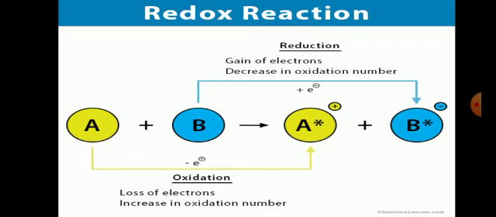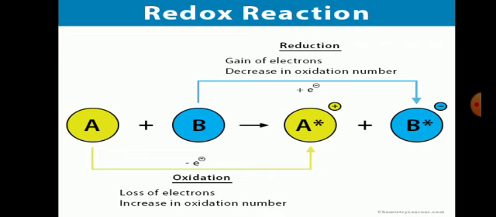So let me say what is reduction first. In terms of oxygen, reduction is the removal or the loss of oxygen, and gain of electrons is your reduction in terms of electrons.